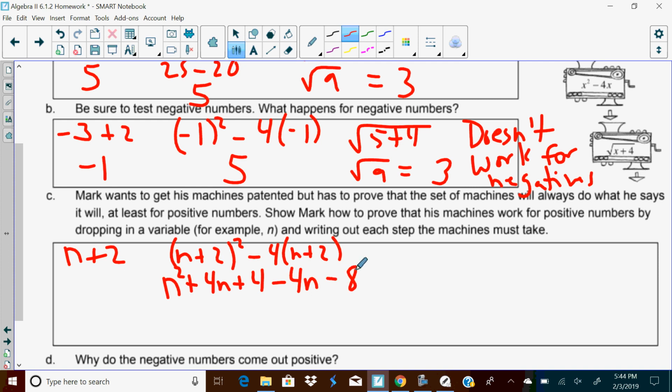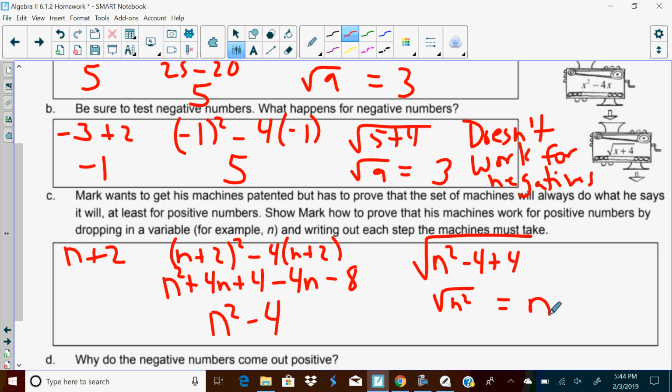So then these cancel. So 4 minus 8 is negative 4. So I get n squared minus 4. So then when I plug that into here, I get n squared minus 4 plus 4, or the square root of n squared, which is n.